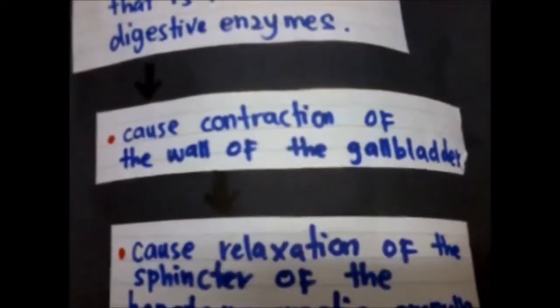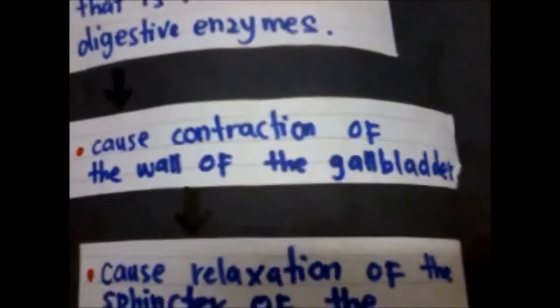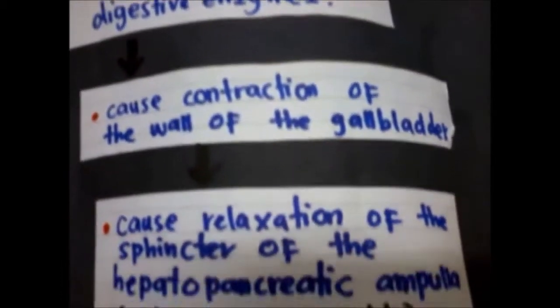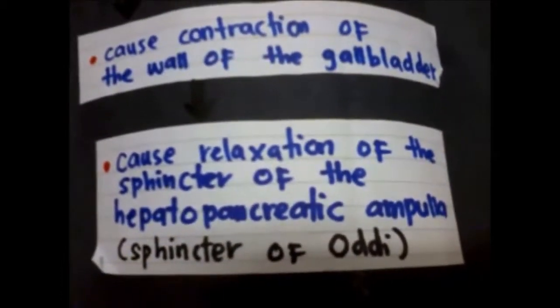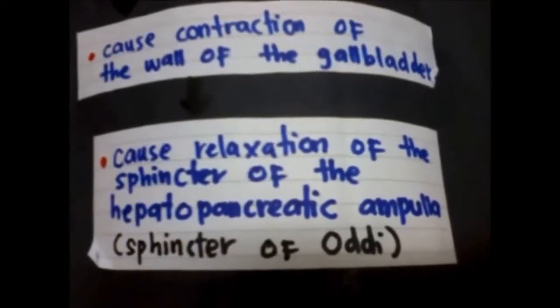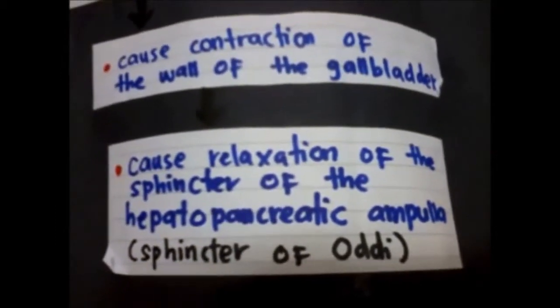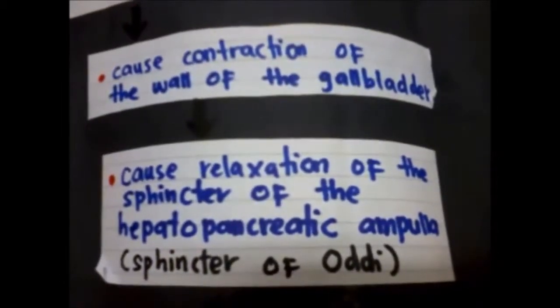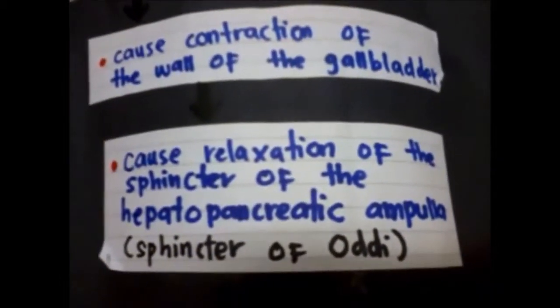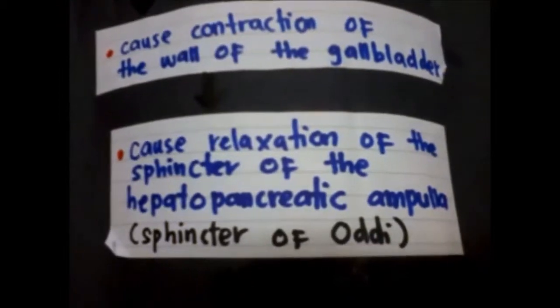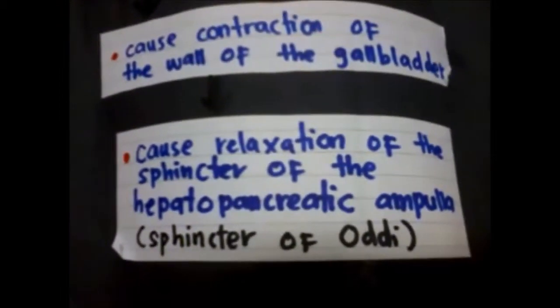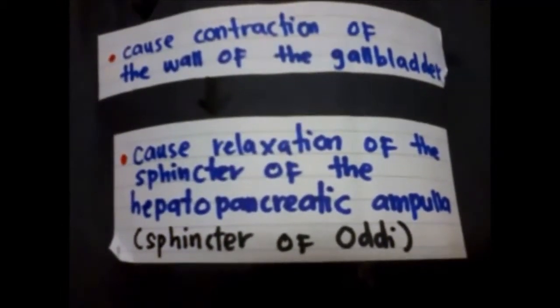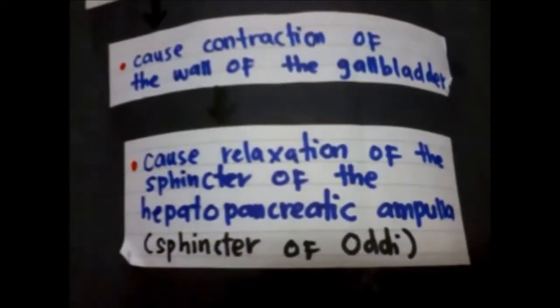It also causes contraction of the wall of the gallbladder, which squeezes stored bile out of the gallbladder into the cystic duct and through the common bile duct. It also causes relaxation of the sphincter of the hepatopancreatic ampulla, the sphincter of Oddi.